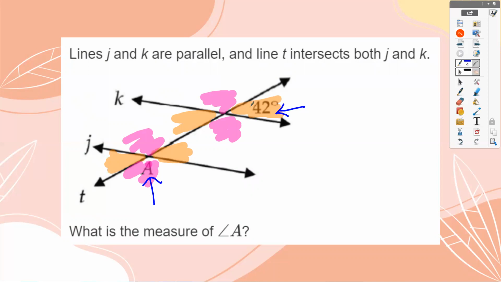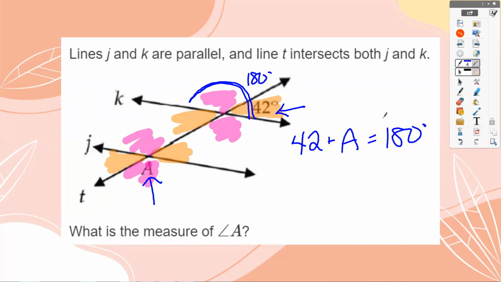Well, if I took an orange and a pink and added them together, I would get 180. So one of each color is going to be 180. So I can set up the equation: 42 plus A is 180, and then solve. Subtract 42, subtract 42, so I get A equals 138.